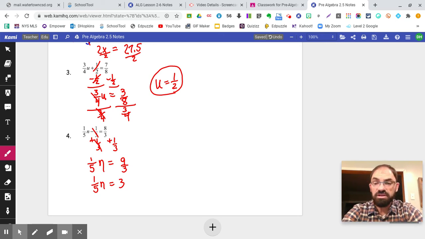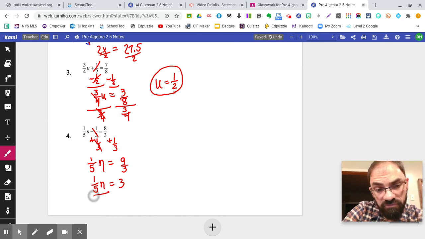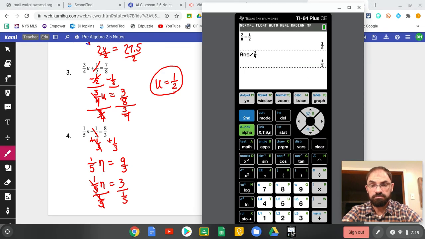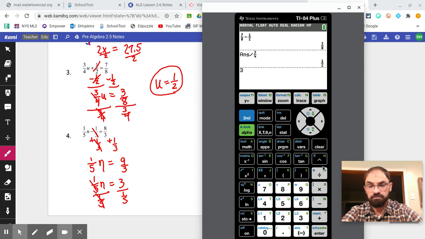So to get n by itself, it's currently being multiplied by 1/5, so let's divide by 1/5. So 3 divided by 1/5 is 15.